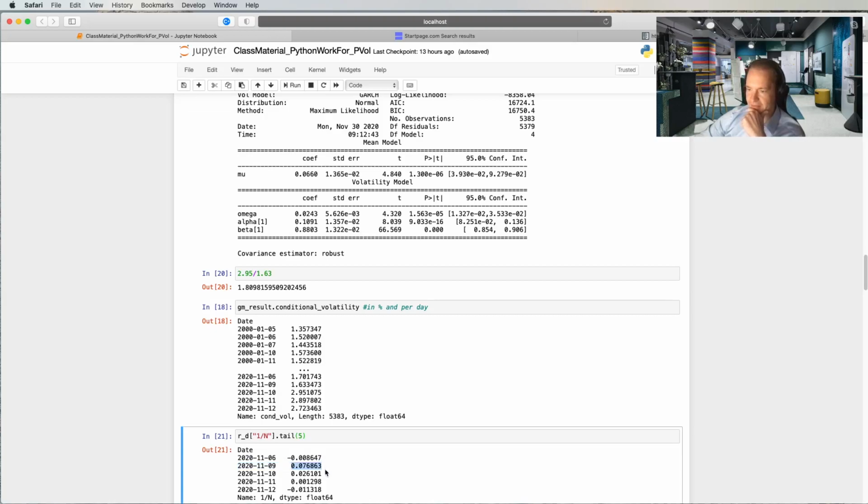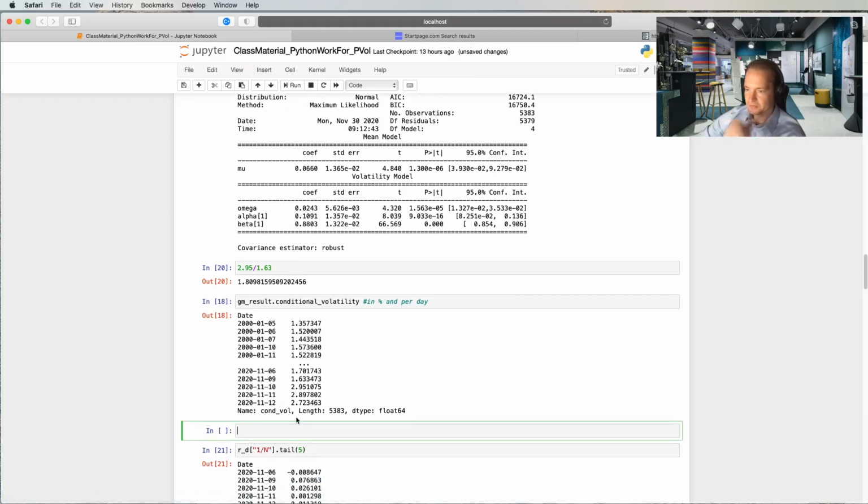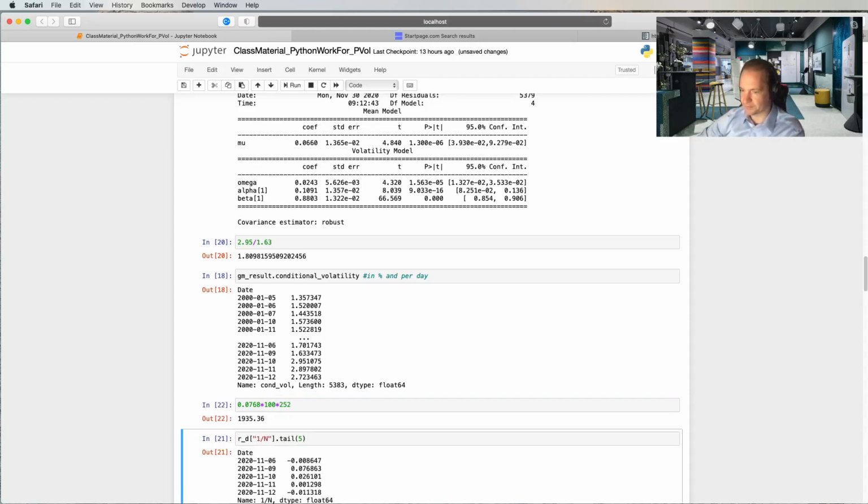It was really large. Let's annualize that return. We got 0.0768. That's the return, so we have to multiply by 100 times 252.